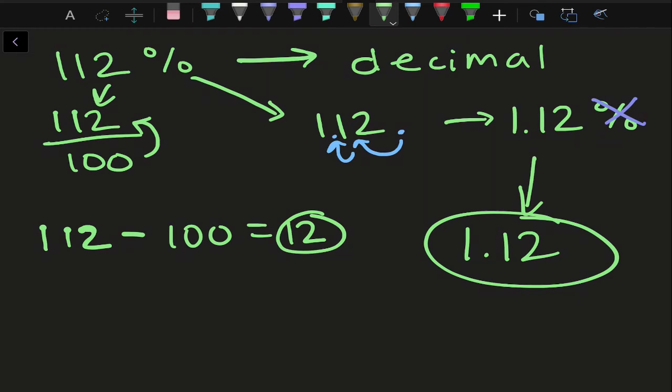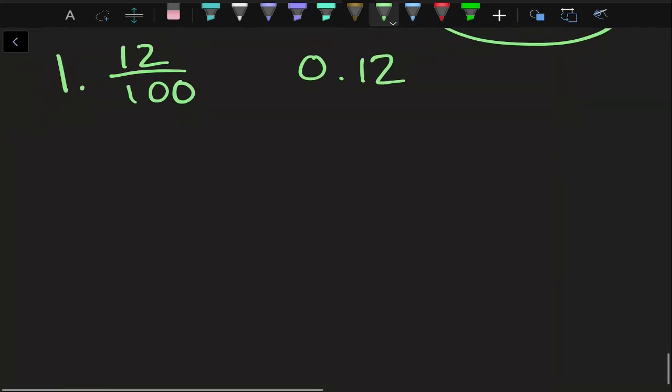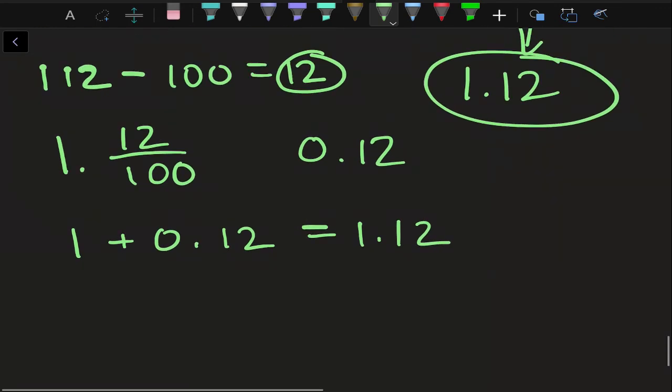So then I have 1 and 12 out of 100, which again, if we were just to move the decimal 2 places, we'd get 0.12, and if we add those two together, I get 1 plus 0.12, which gives me 1.12, which is equivalent to what we got this way. So that's one way we can also go about finding the answer.